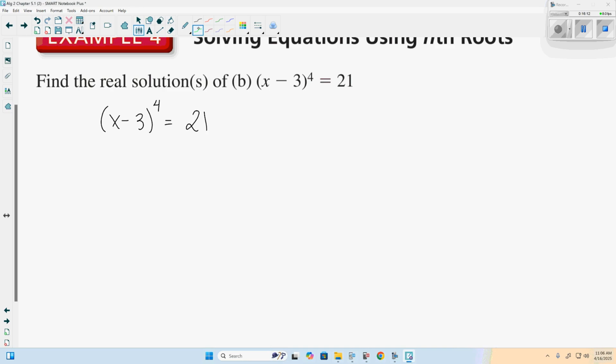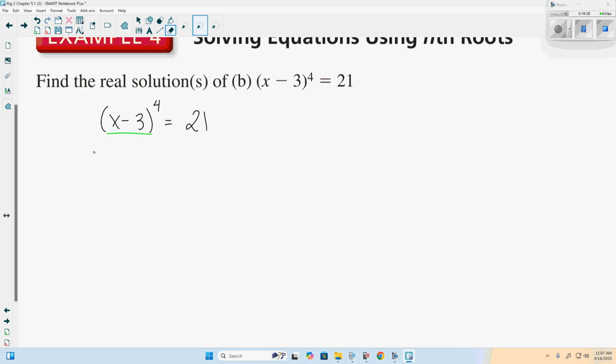So when we see if it's by itself, this here is our term, is there anything being added or subtracted to it? No. Is there anything being multiplied by this term? No. So our term, even though it is x minus 3 to the 4th, the whole term is that x minus 3 to the 4th power. So this here would be by itself.